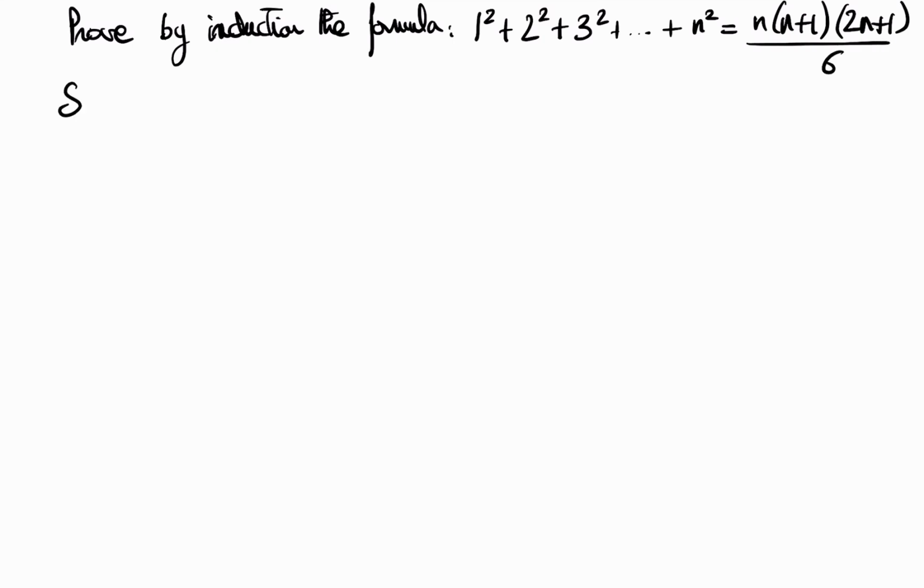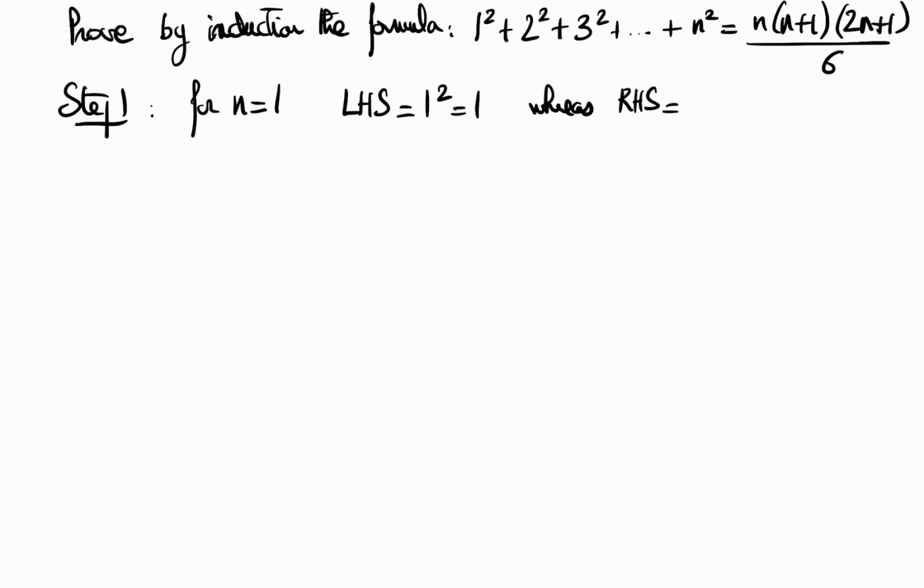Okay, so step 1, again, always 3 steps. For n equal 1, the left-hand side is just 1 squared, which is 1, whereas the right-hand side is equal to 1 times 1 plus 1 times 2 times 1 plus 1 over 6, which is 2 times 3, so that's 6 over 6, which is 1.